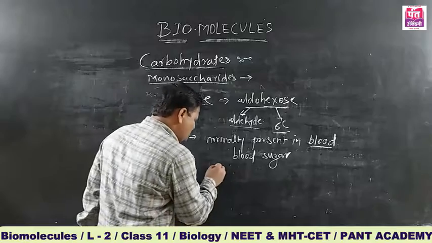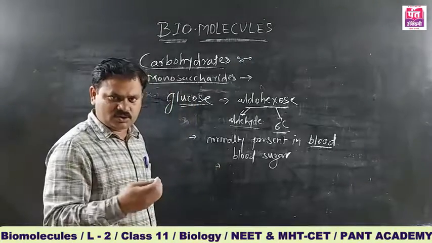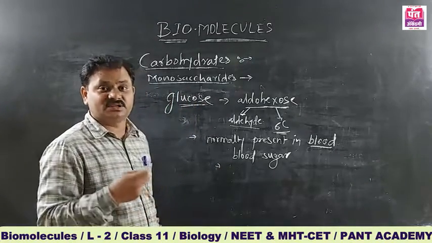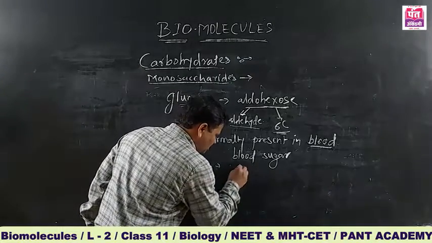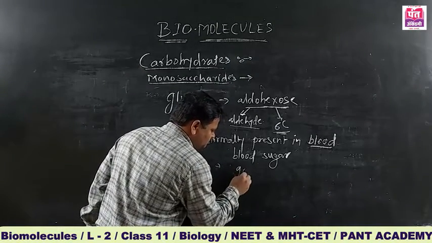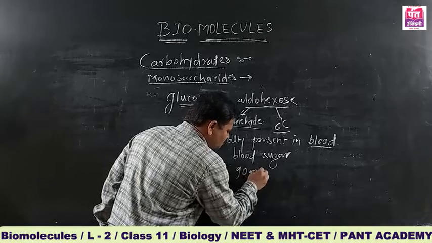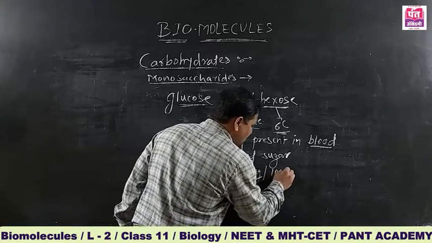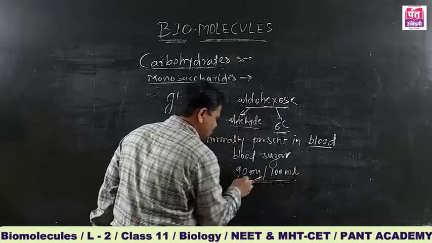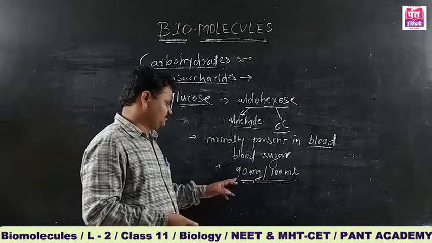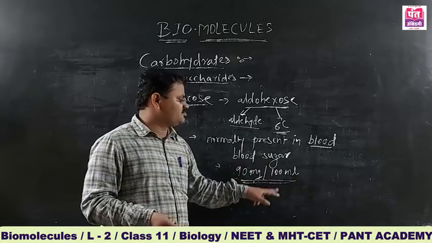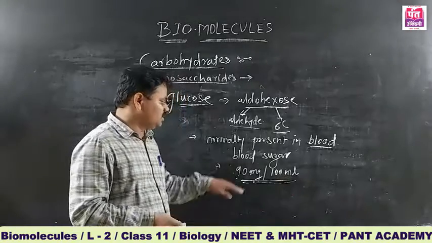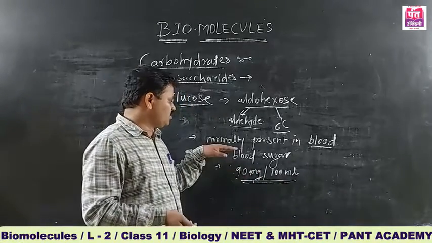So how much glucose is present in the blood? Normally it is about 90 mg per 100 ml of blood. Its concentration or level is about 90 mg per 100 ml of blood. So this is the normal blood sugar.